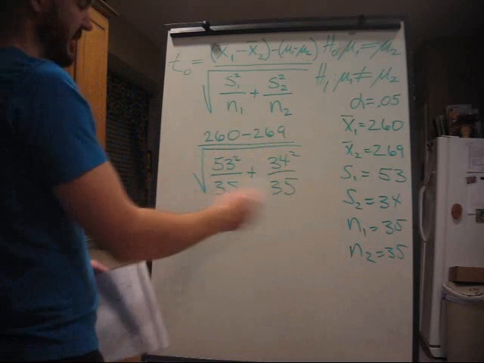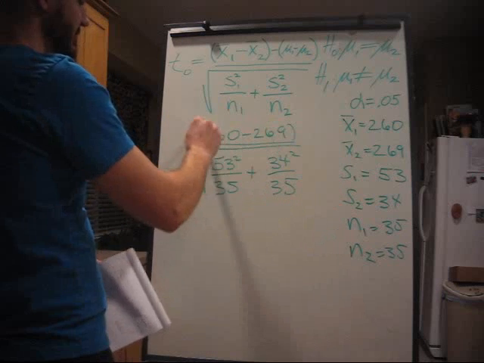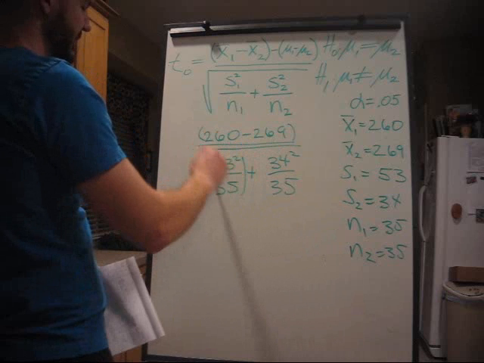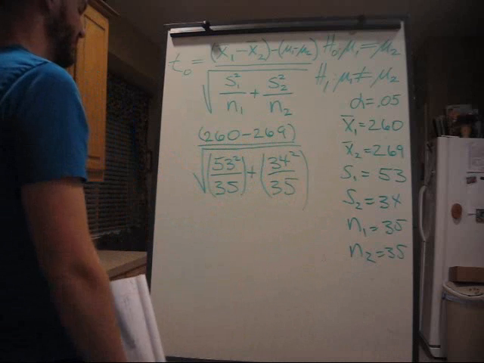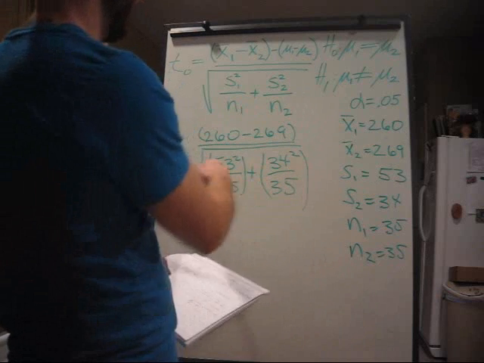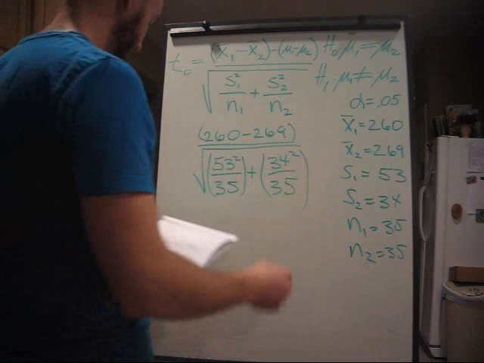So you have negative 9 over all this. Put it in the calculator, and be very careful of your syntax. I don't think you even need those parentheses, but I felt like drawing them in there.